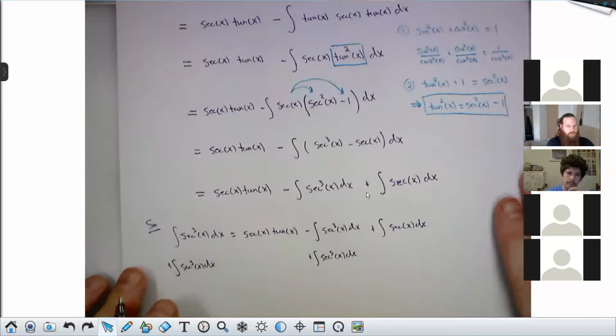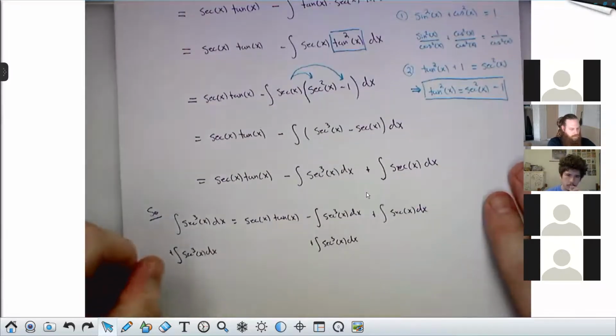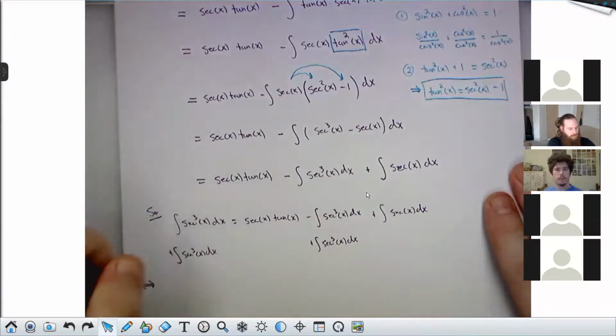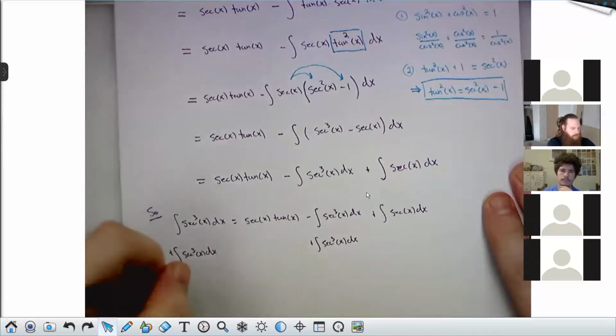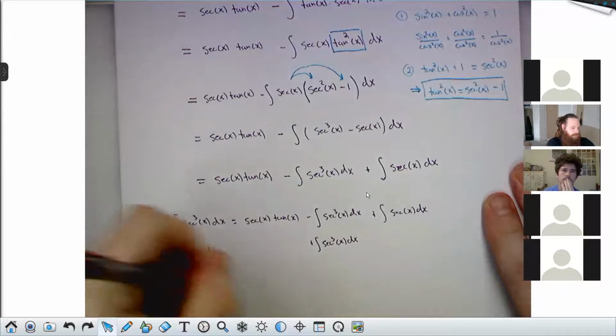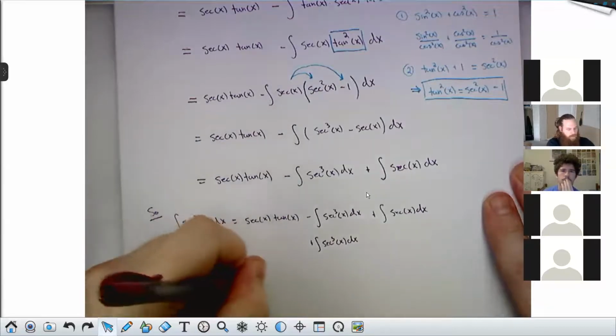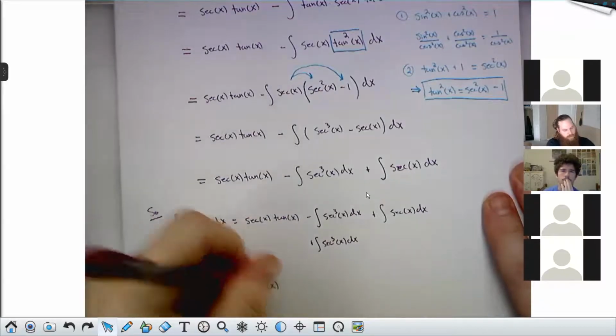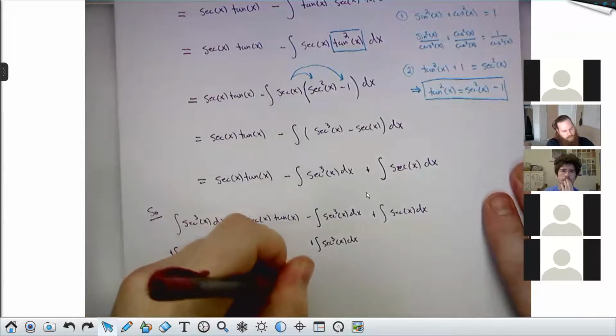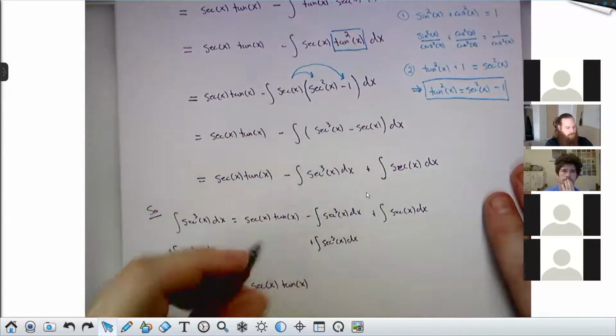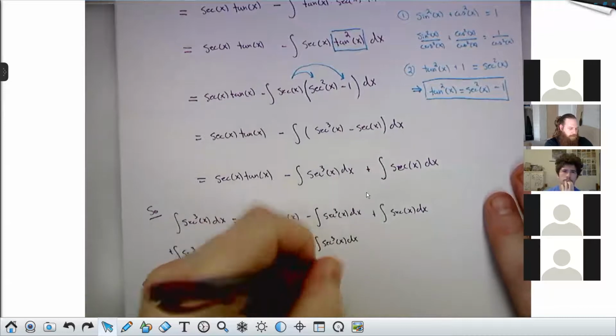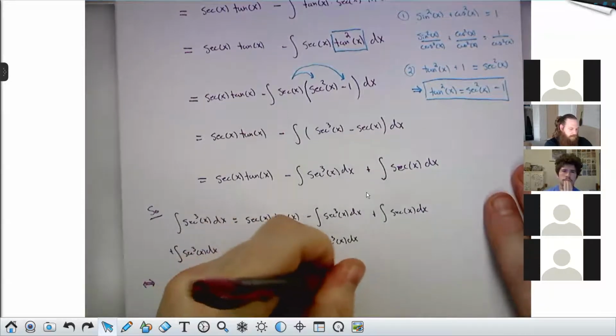So my left-hand side becomes 2 integral secant cubed x dx. And my right-hand side is secant x tangent x plus the integral of secant x.